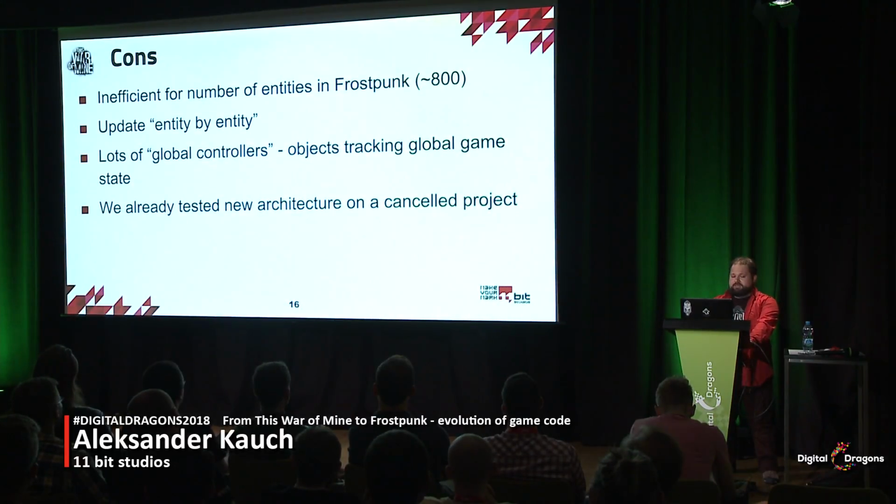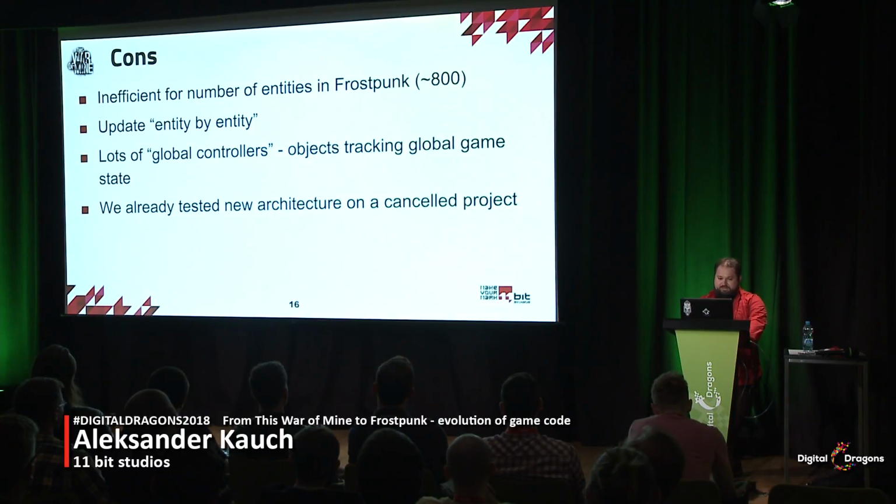And problems: it proved inefficient in Frostpunk for many, many entities, for reasons that I'll explain in a moment. And the entity-by-entity update system was not very good when we had to deal with a more complicated game. There occurred lots of global controllers, so classes that worked with the global state of the game, not really connected with the component-based model.